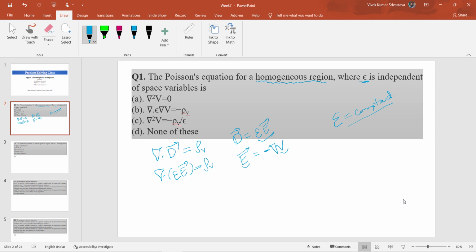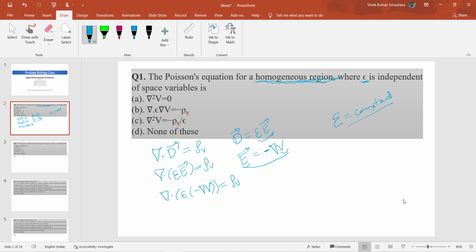So now let us replace the value of E here with minus del V. So this becomes del dot epsilon times minus del V is equal to rho V. Here, as we are deriving this for a homogeneous region, epsilon will be constant, which means it does not depend on the spatial variables.